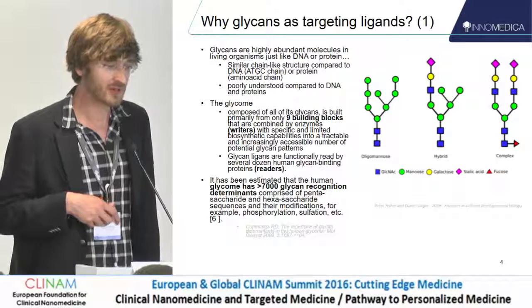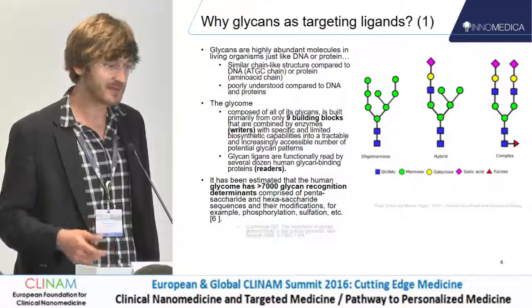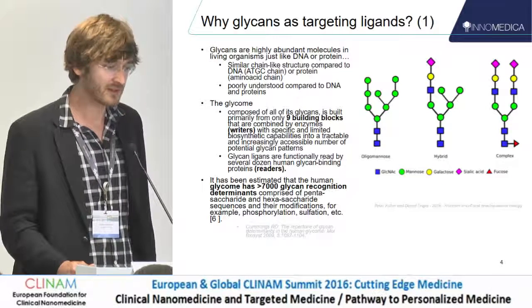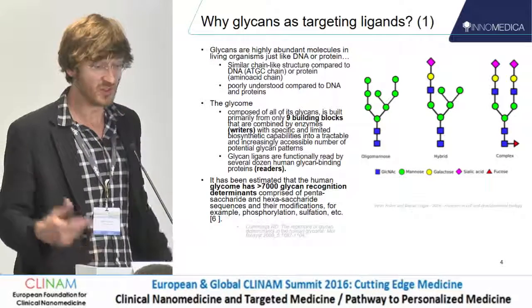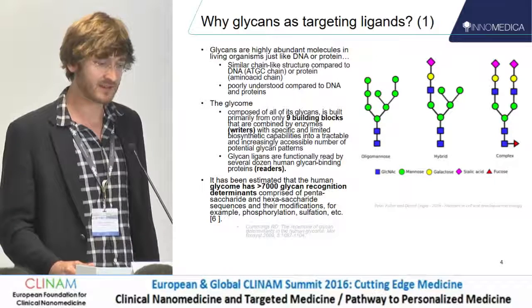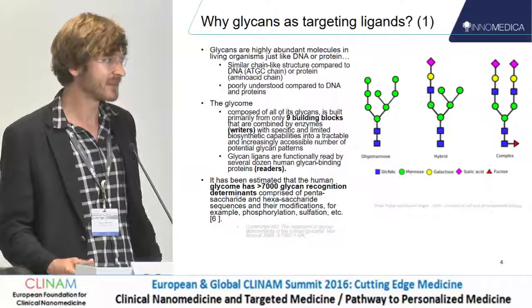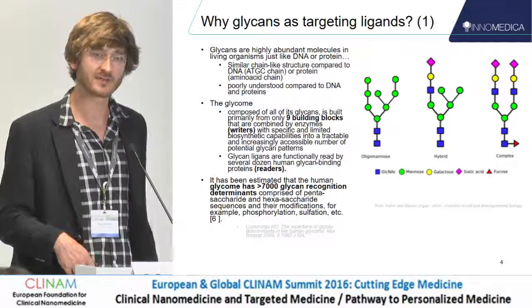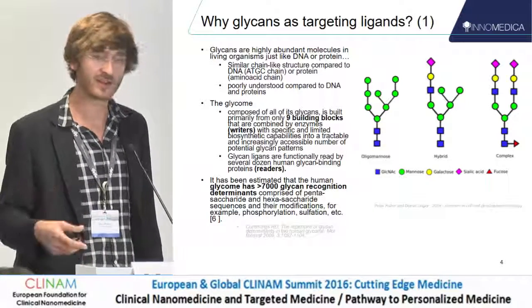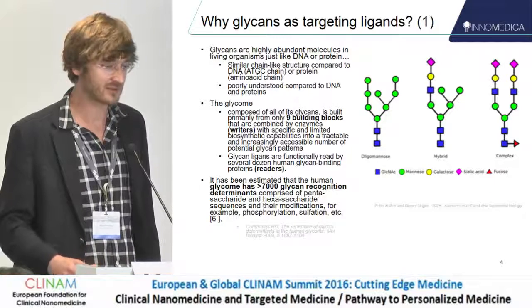Just a couple of remarks to glycans. As you are all probably familiar with, they are known basically that they are there, but the functionalities are rather, I would say, not as well understood as actually DNA and protein are related and understood already.